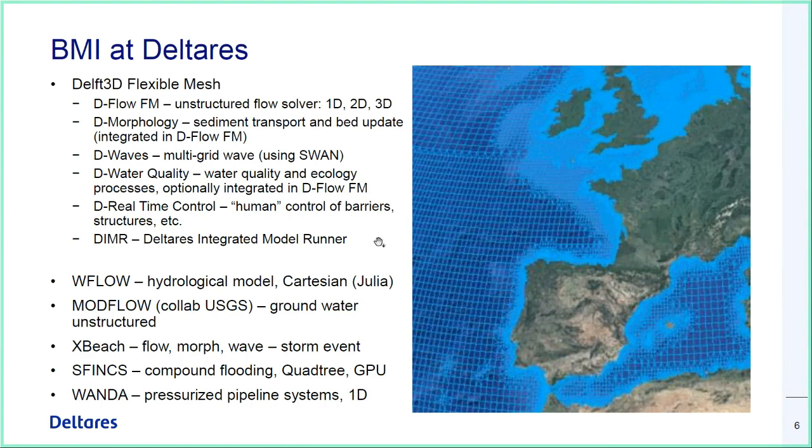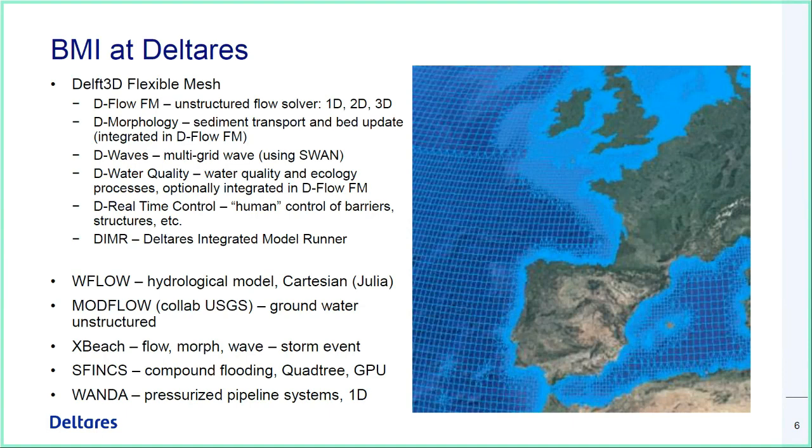And there is DIMR, which is kind of our Deltares version of the framework with which we couple the components, that is BMI to the various components. And there is a hydrological model, which is programmed in Julia, the latest version, which is based on Cartesian meshes. We work a lot together with the USGS on MODFLOW, groundwater, smaller scale.